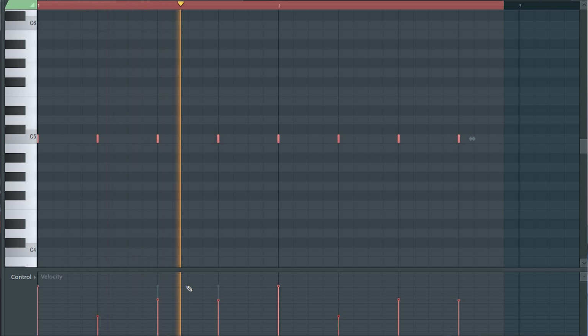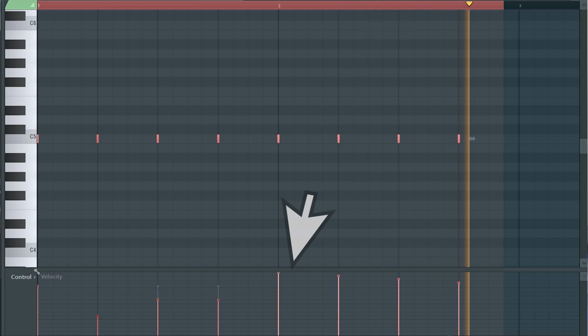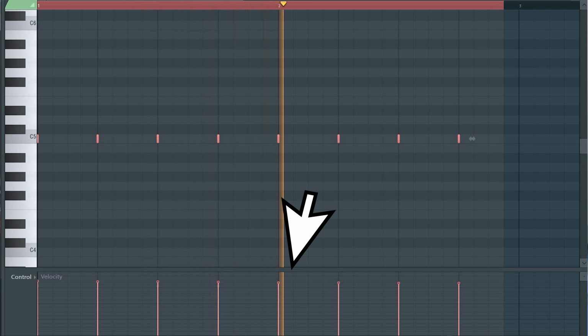So once your velocity is all even, the sound will always hit at the same decibel every time. So that one-shot snare sample and that one-shot kick sample, they're always going to be hitting the same decibel every time once you have your velocity consistent on your MIDI edit screen.